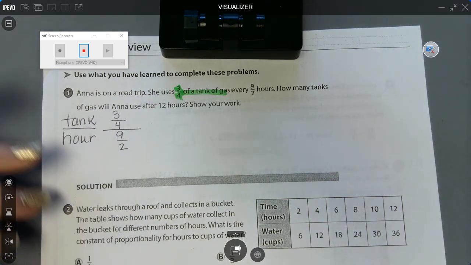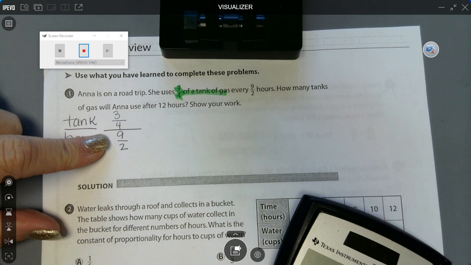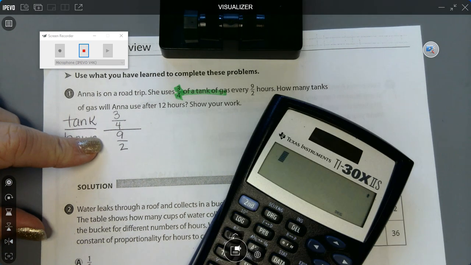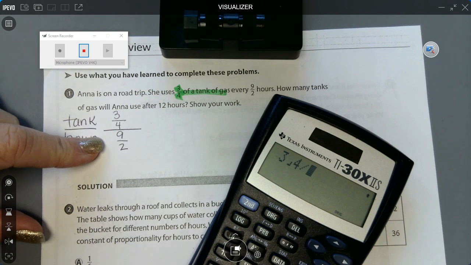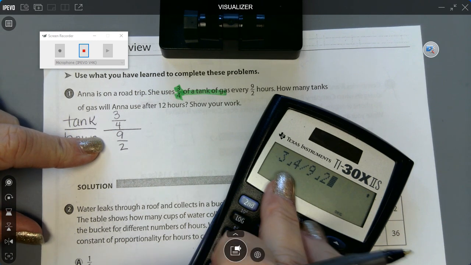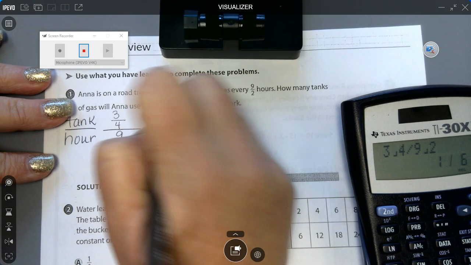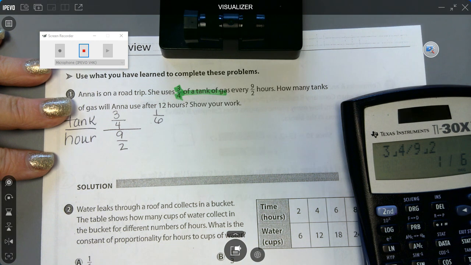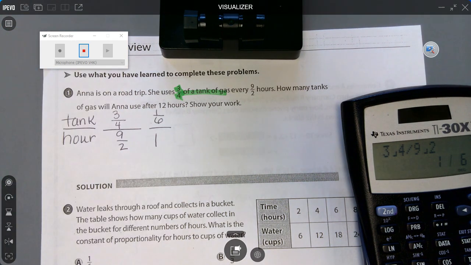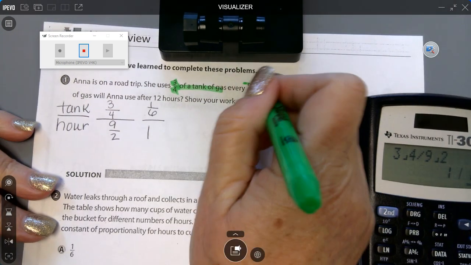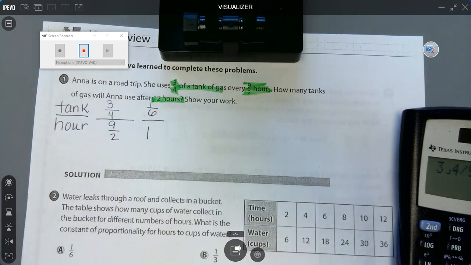Now, if I asked you to find the unit rate for anything, what operation would you do to get the unit rate? Divide. So we're going to go 3/4 divided by 9/2, and it comes out to be 1/6 of a tank. Hold on, we're not done. That's for every 1 hour. But the problem wants us to find out how many tanks of gas she needs in 12 hours.